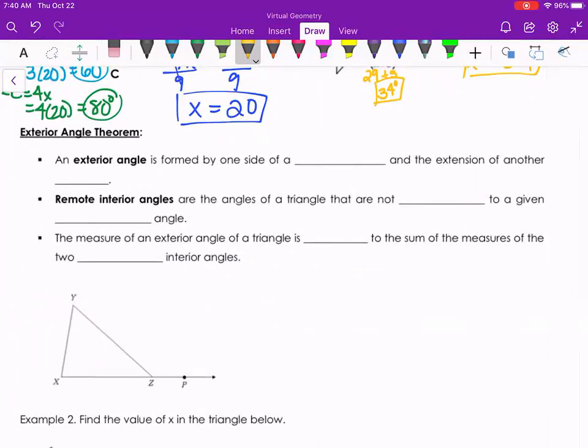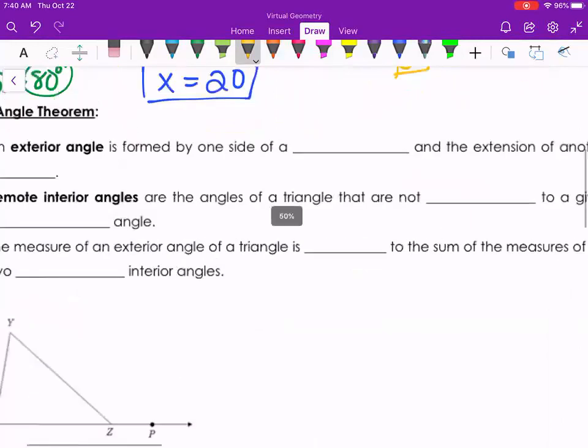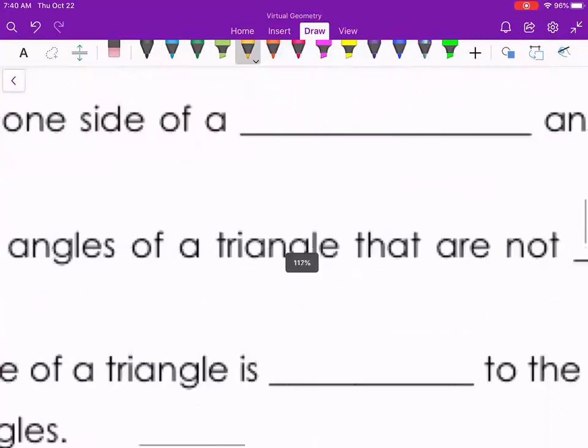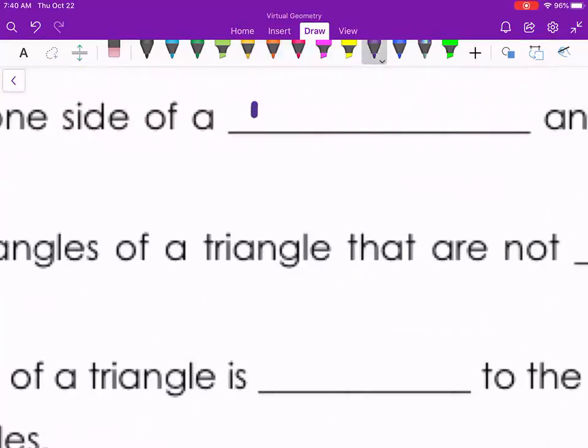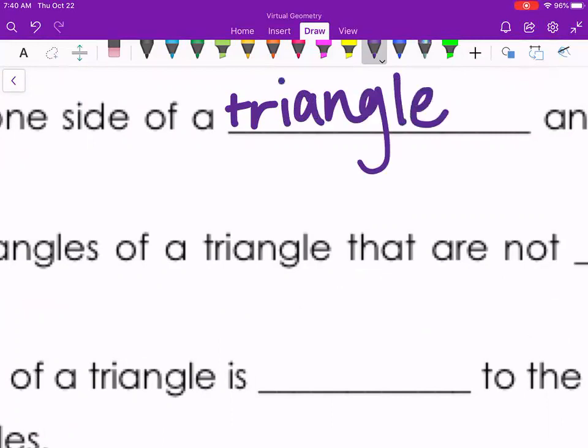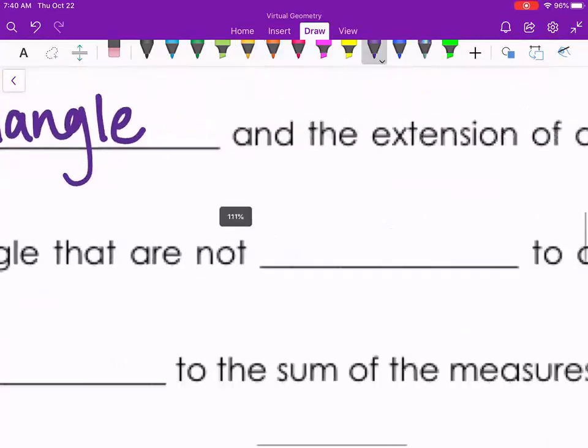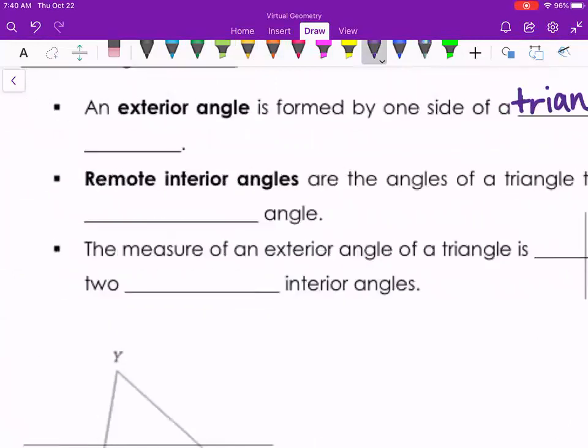So same properties as the last set of notes. An exterior angle is formed by one side of our triangle and the extension of another side. You also get what's called the remote interiors.